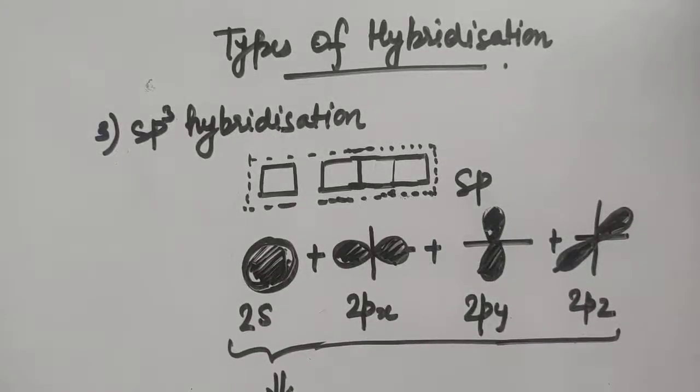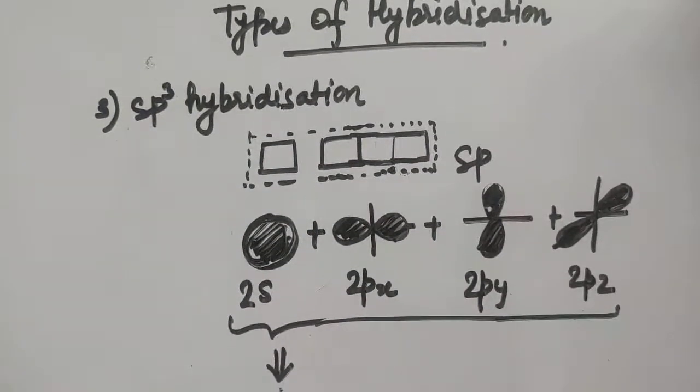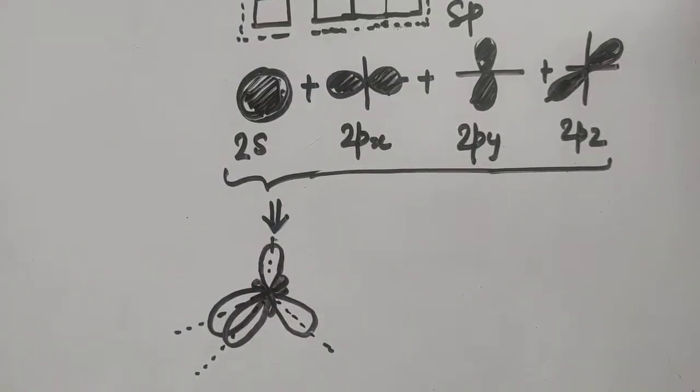Now the third one is sp3 hybridization. Here one s is combining with 3 p orbitals. All the s and p orbitals are intermixing to generate 4 sp3 hybrid orbitals. So the 4 sp3 hybrid orbitals generated will be oriented as a regular tetrahedron.